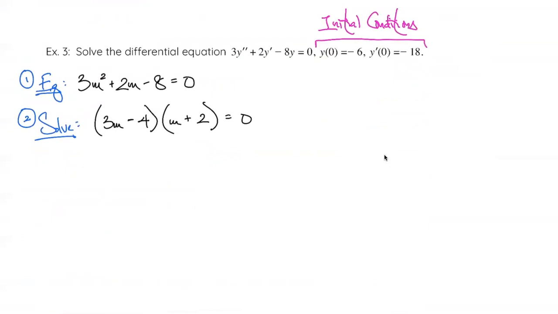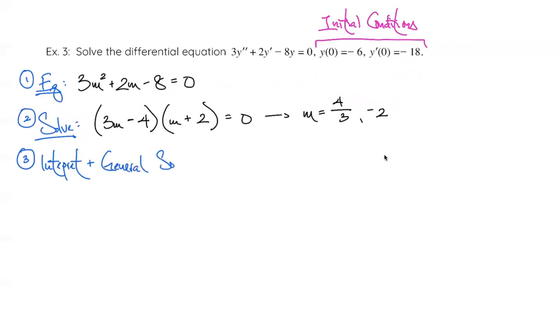Okay, yeah, thanks. All right, so we've got this, we can solve, we can see that M or R equals a positive 4/3 and a negative 2. We're going to interpret and find a general solution.